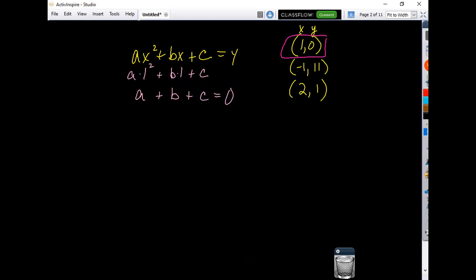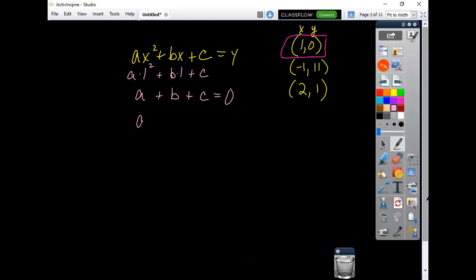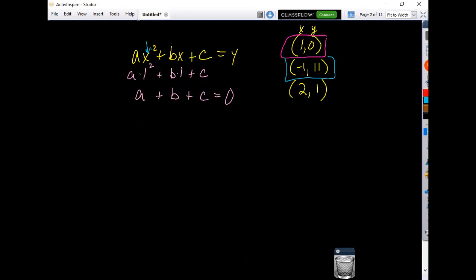And the next one, put in a negative 1 for the x's. So negative 1 squared is 1 times a. Negative 1 times b is a negative b.